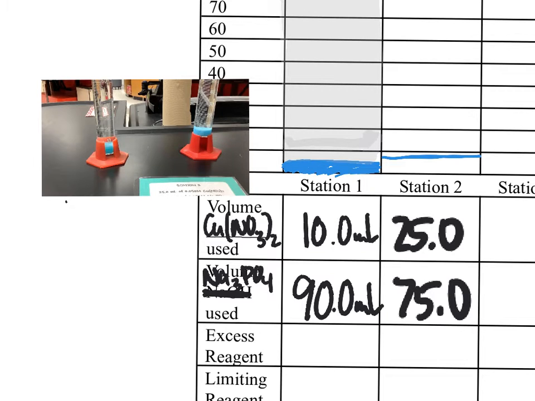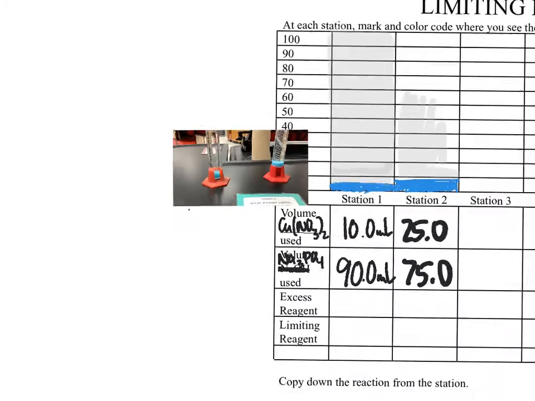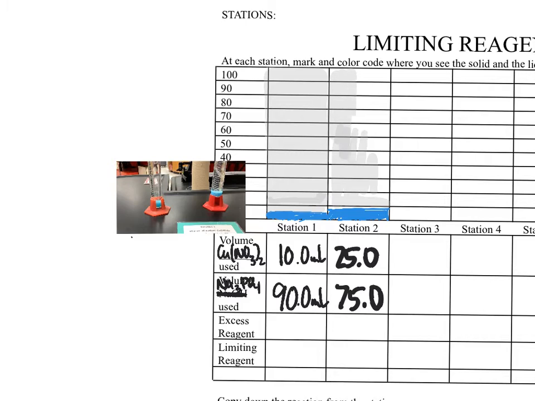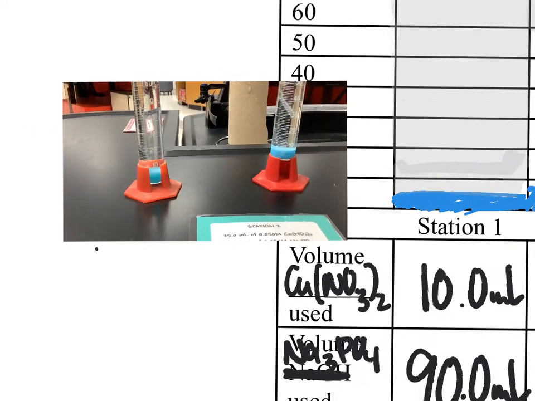Still not quite to the 10. And if I look, we are going to have colorless up above still. So this is going to still be colorless. Okay, so now we're going to keep on.